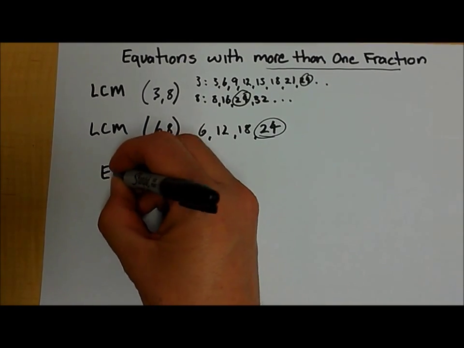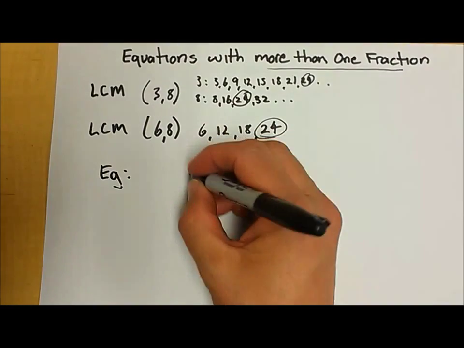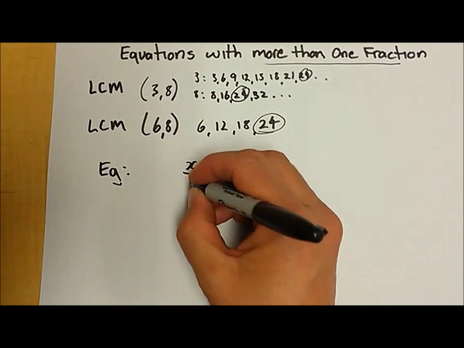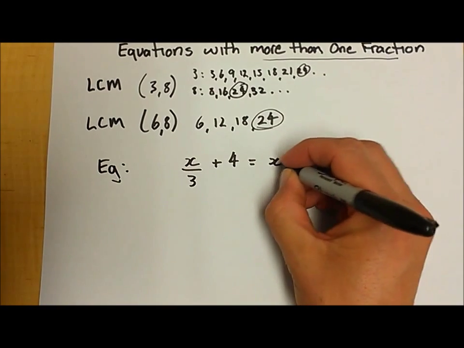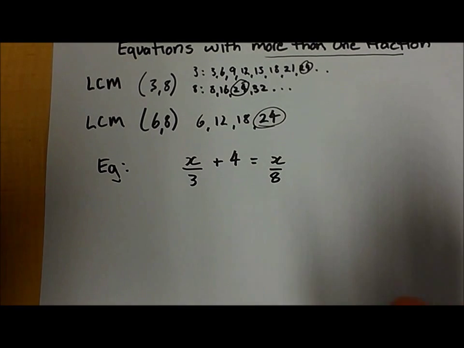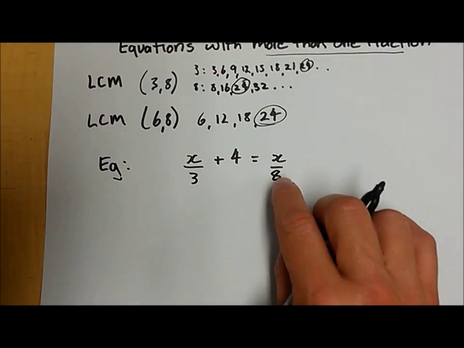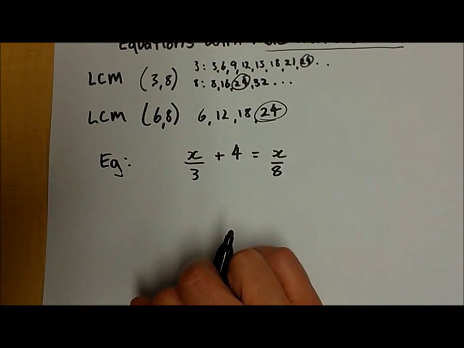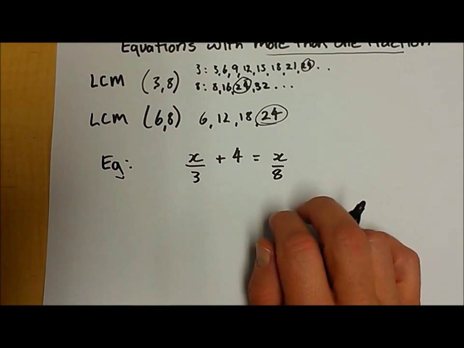Let's have a look at how we'd use that lowest common multiple. We'd use it when we have an example, as I said, with more than one fraction. So if we have something like x over 3 plus 4 is equal to x over 8. Looking at that equation, the first thing I want to do is get rid of the denominators. As much as fractions are our friends, we like to get rid of the denominators first.